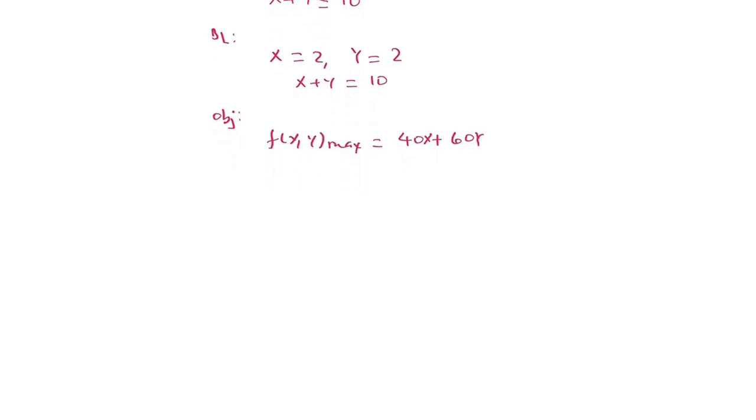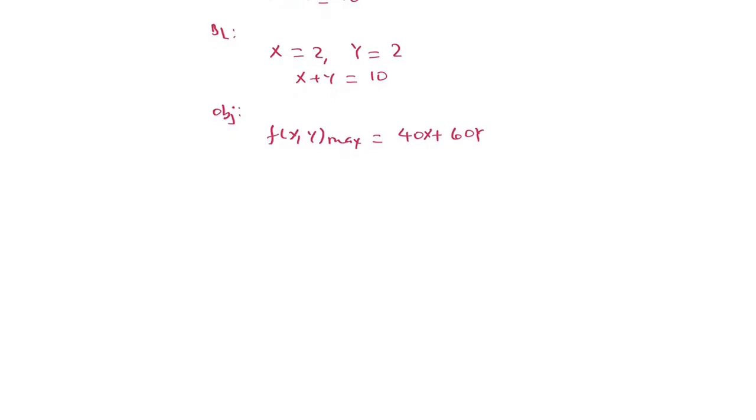And our objective is to find the possible values of x and y that are going to give the maximum value of the objective function. Okay, so next we are going to draw the graph in order to find the feasible region for our solution.